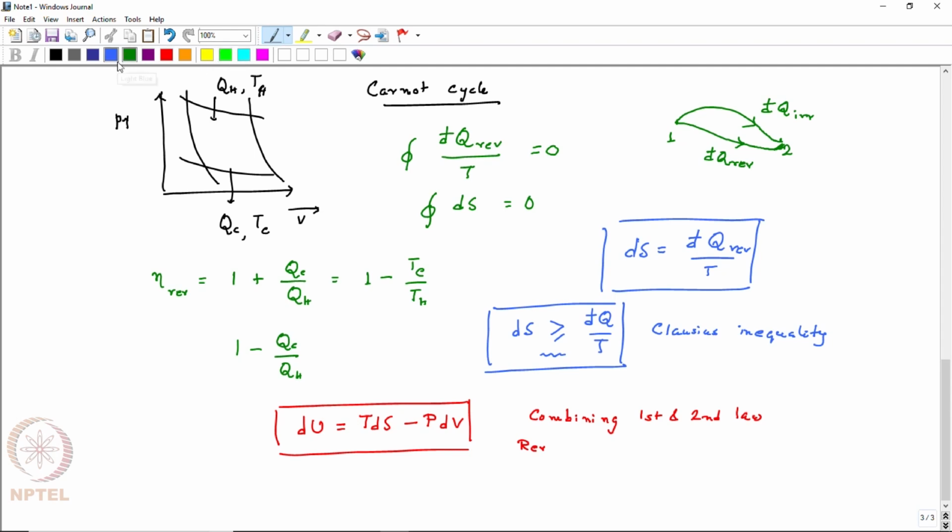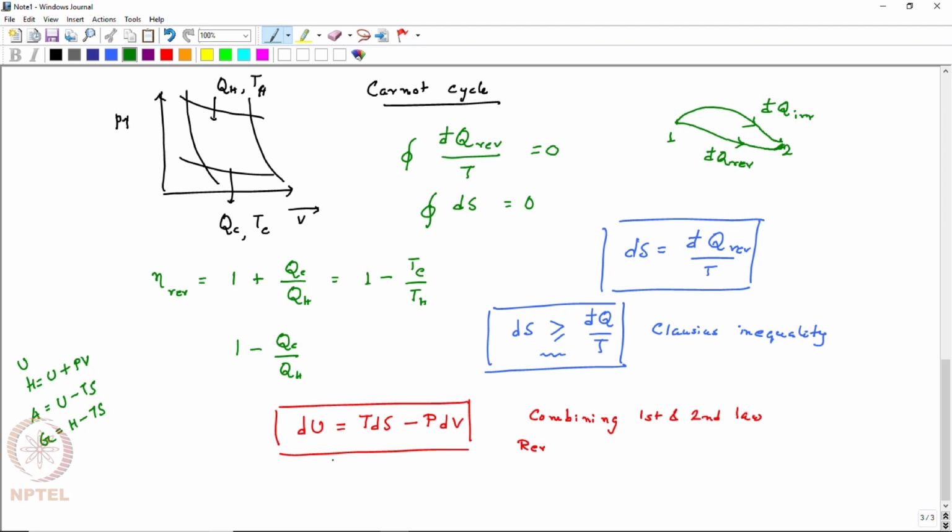Apart from the enthalpy, which was defined as U plus PV, we can also define many other state functions. For example, the Helmholtz free energy, which was U minus TS, and also the Gibbs free energy, which is H minus TS. And already we have the expression for internal energy from the first law.